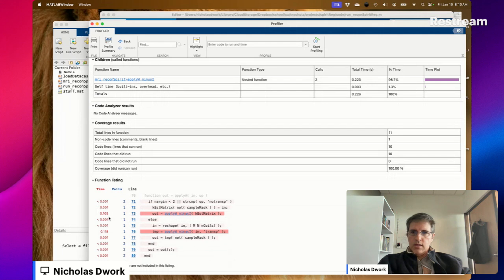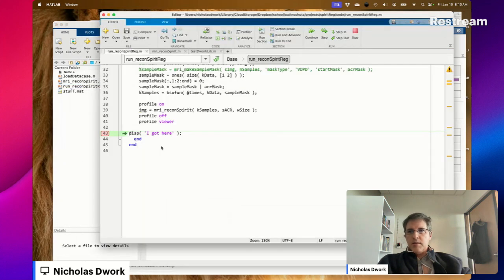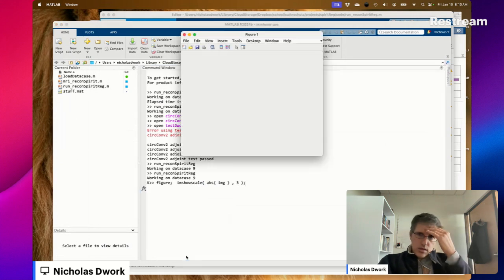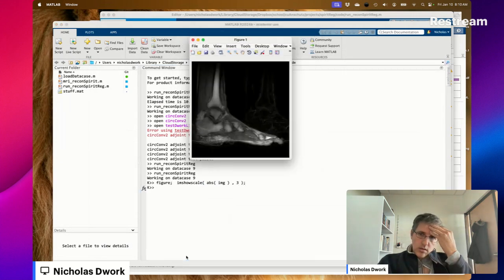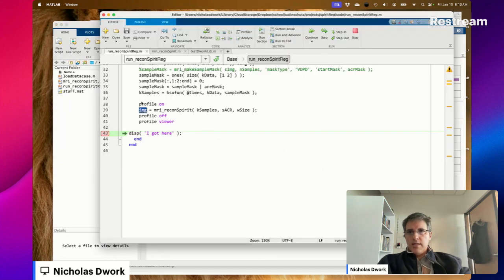Okay. What? Something went terribly wrong. There's no way that worked. That seems like a lot of aliasing.